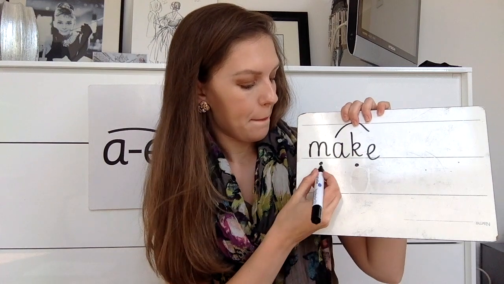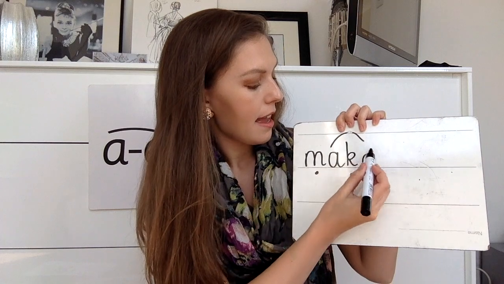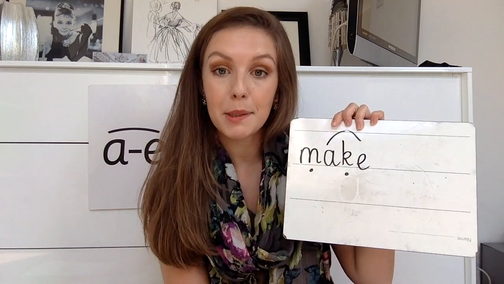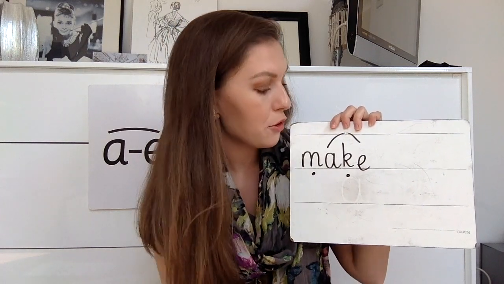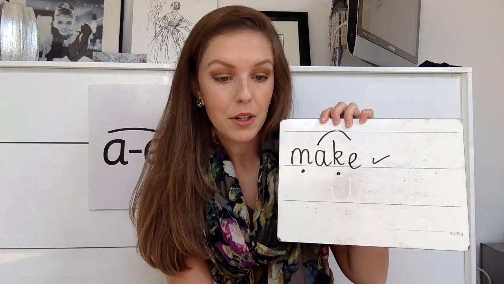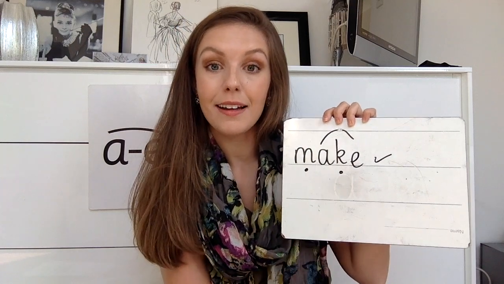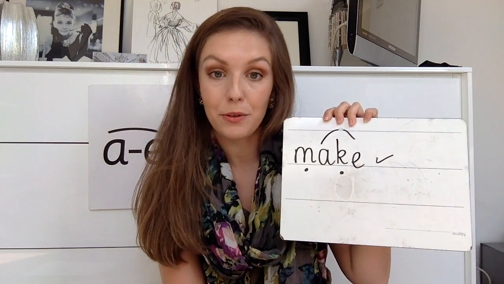So, we have M, and remember it's split digraph A, and this kicking K is splitting up my A sound. Give yourself a tick if you got that correct. So we have M, A, with a kicking K splitting up my A sound.